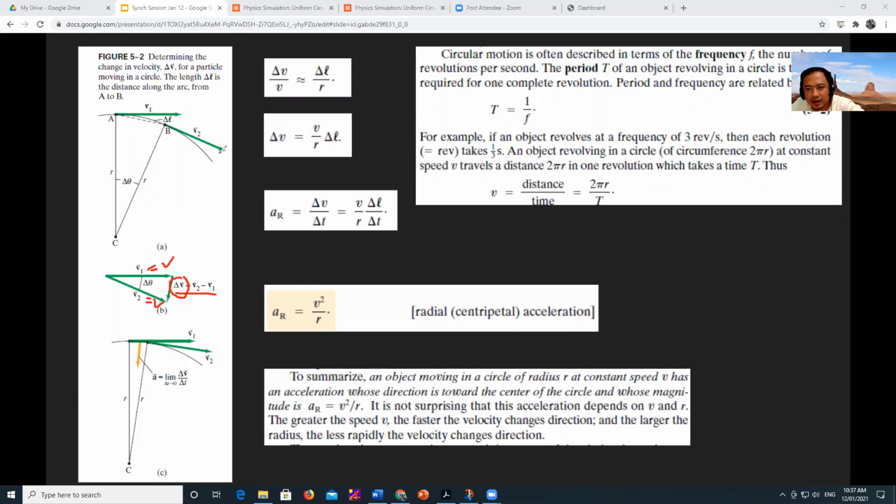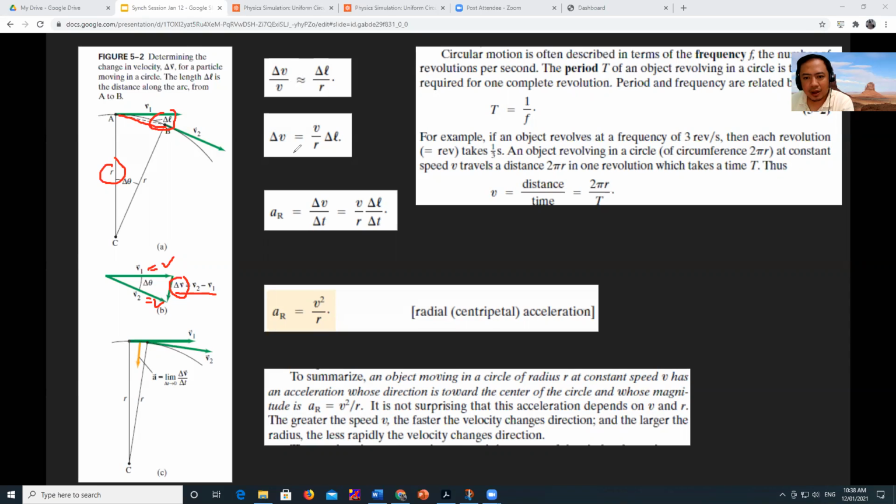Then we have delta V over V and delta L over R. Delta V over V is the side for V1 and V2, and delta L over the radius R. You can see the two are a ratio and proportion. So in that case, you have the proportionality delta V over V equals delta L over R. This is just the derivation of the equation.